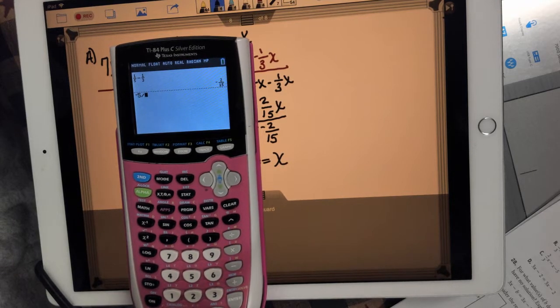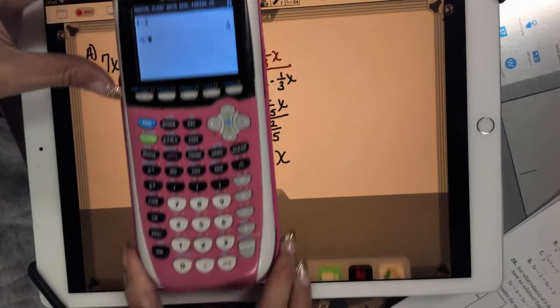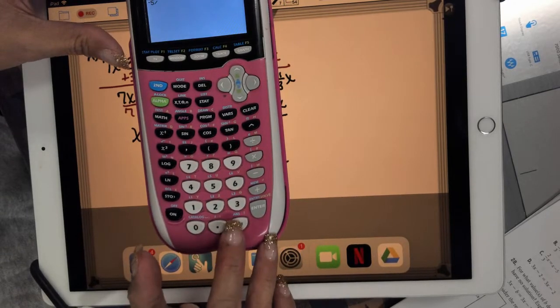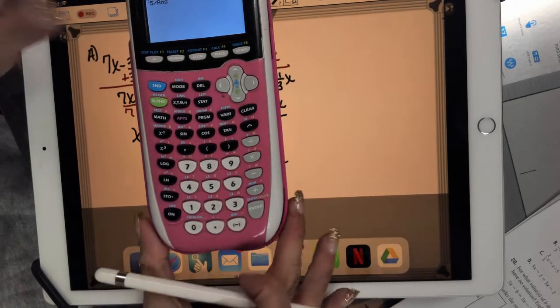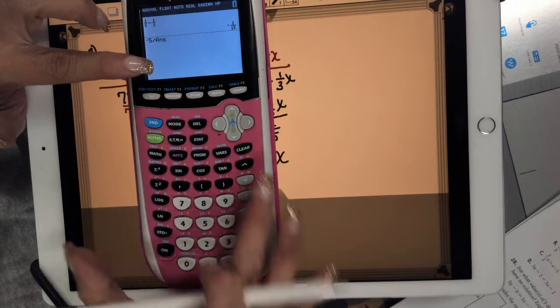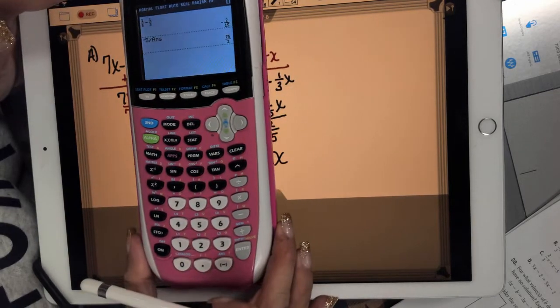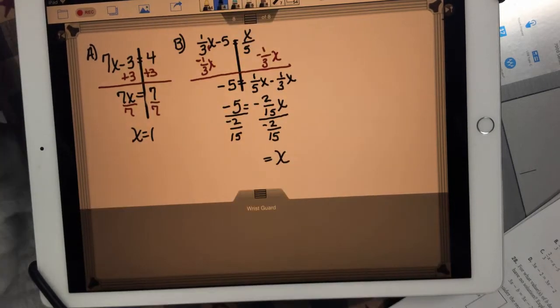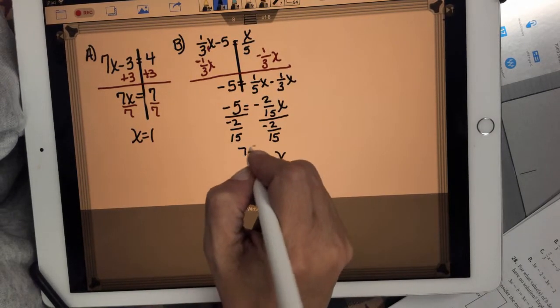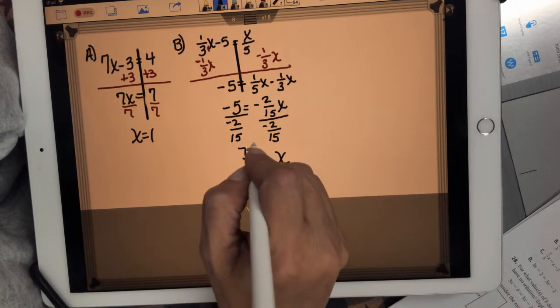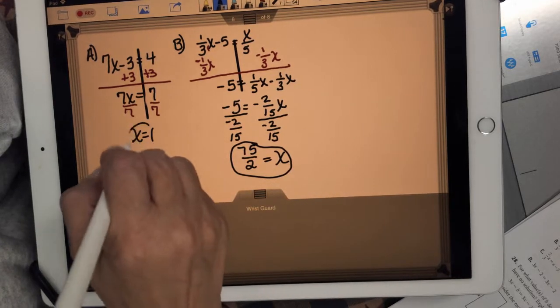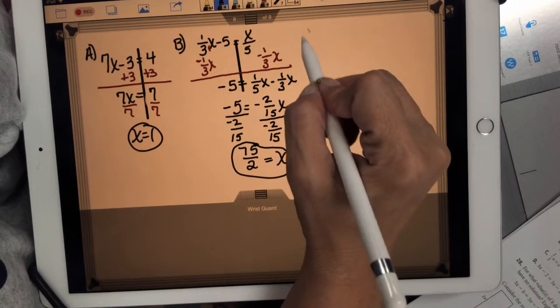Is second. Oh, there it is. Right there on the negative. See, ANS. I can hit second answer. So it says negative 5 divided by that answer is 75 over 2. So again, it's not an infinite number. I got to keep going.